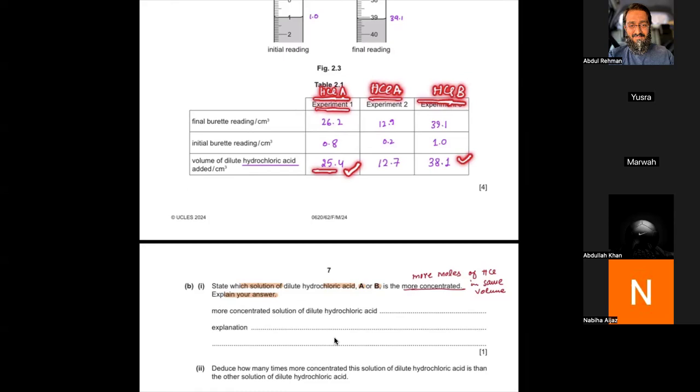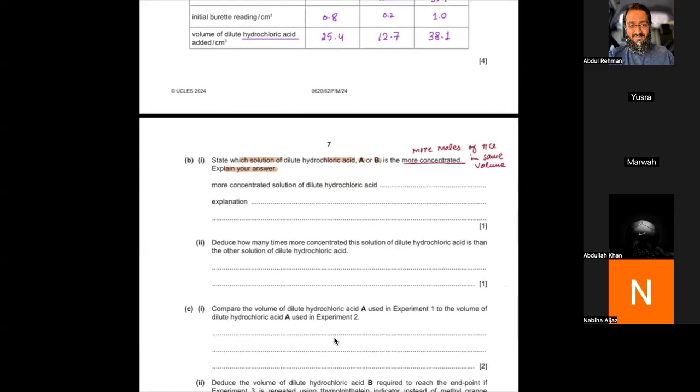So the lesser volume of HCl is used for HClA, so HClA is the concentrated one. I'm going to mention A, and in the explanation I'm going to write that its volume used is lesser. Is this clear to all of you? Yes, sir.